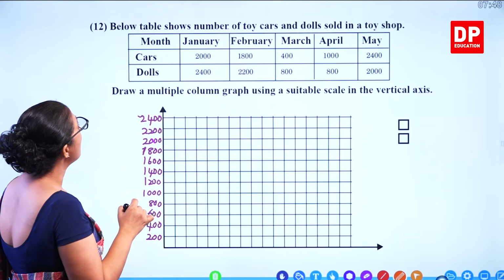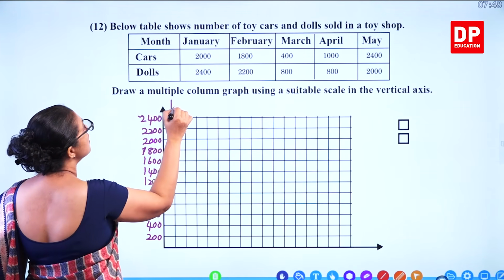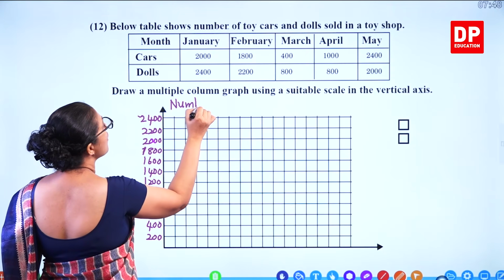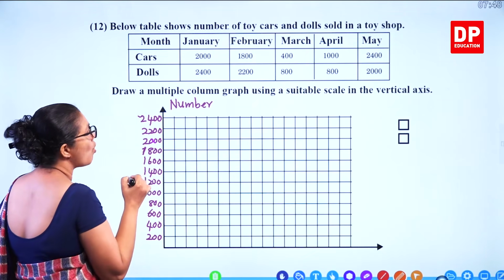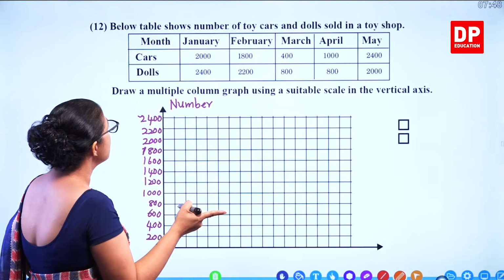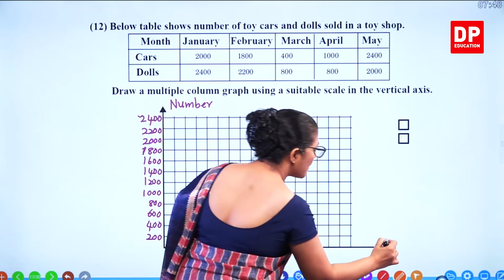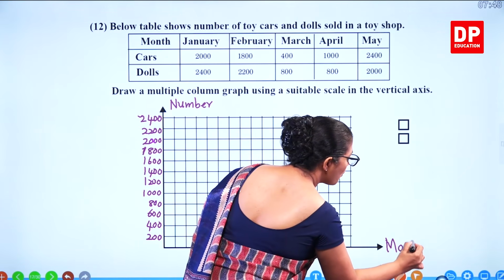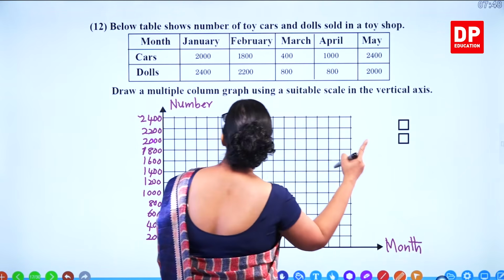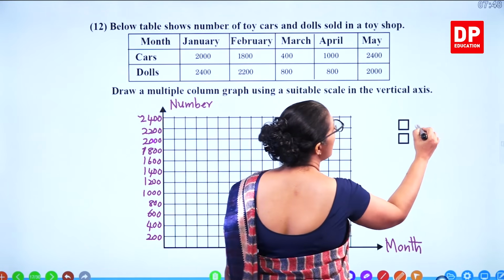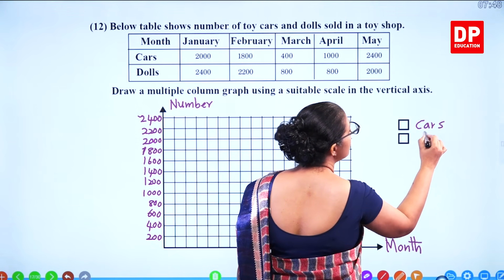So these are all about number of cars or number of dolls, and the x-axis is about the month. So this is about the month, and here we can label cars and dolls.